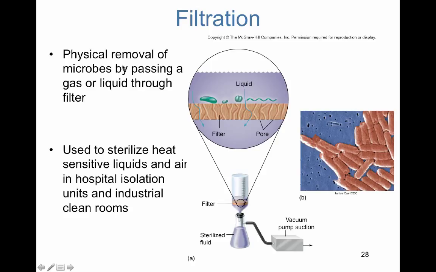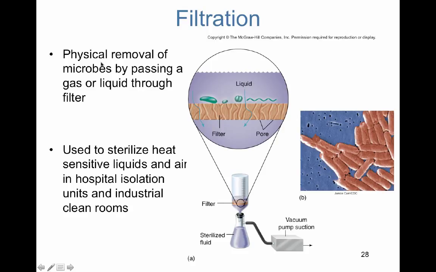Now, one of the mechanical methods, or the mechanical method of antimicrobial control, is filtration. So this is basically using a filter that has a unique pore size, and as long as the pore size is smaller than the cells that you are filtering out, the liquid will be filtered through this particular membranous filter, leaving the microbes trapped on the other side.